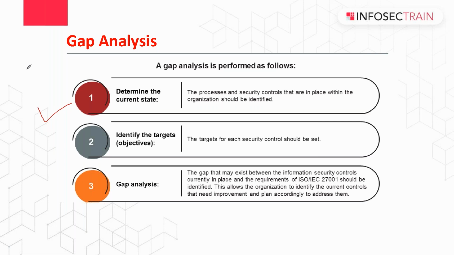Now, first we determine the current state. The process and the security controls that have been placed within the organization should be identified. Then we are going to identify the target objective. The main use of this gap analysis is that it is going to provide us information related to your ISMS.